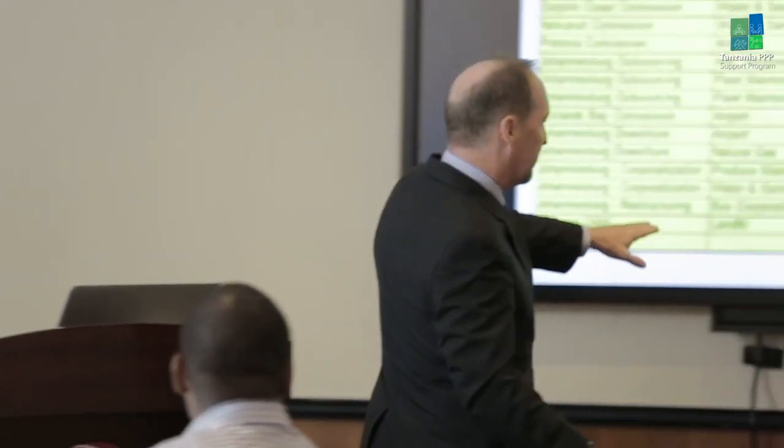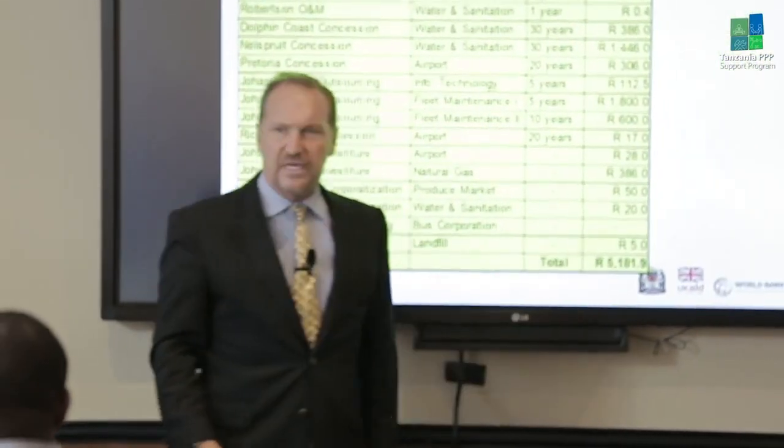They had some assets. Now, should a local government own an airport? Is that really essential to its services? Do they manage it well? In this case, they were able to concession some of those out. And for the limited amount of money, you'll see that at this time, this was nearly $1 billion of contract value in this case.